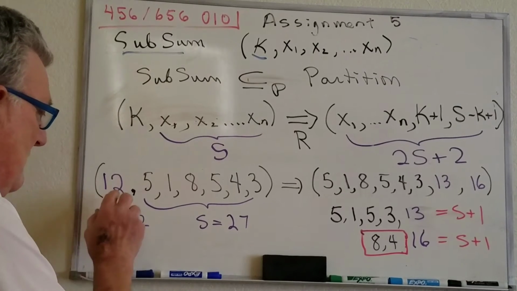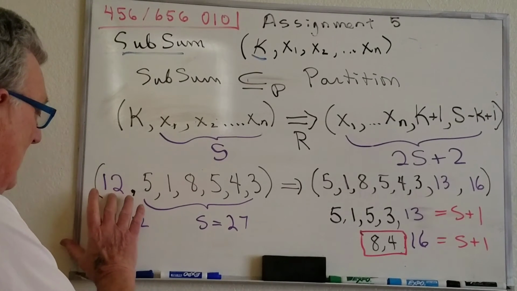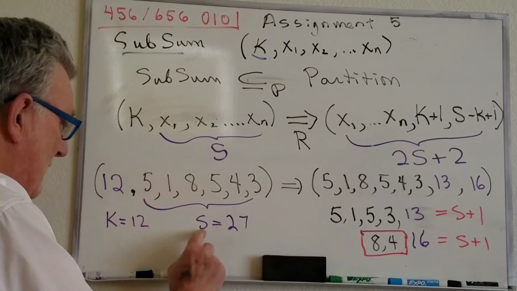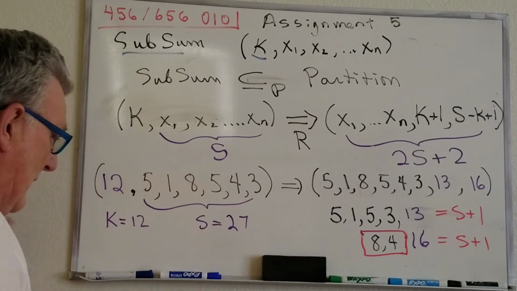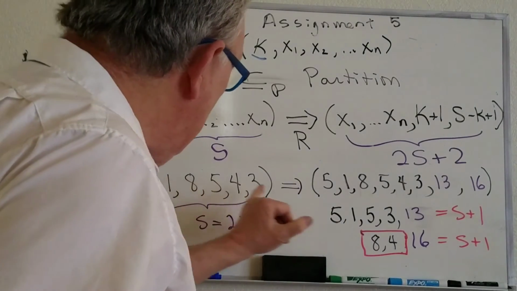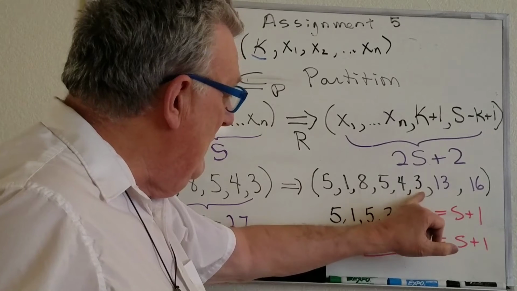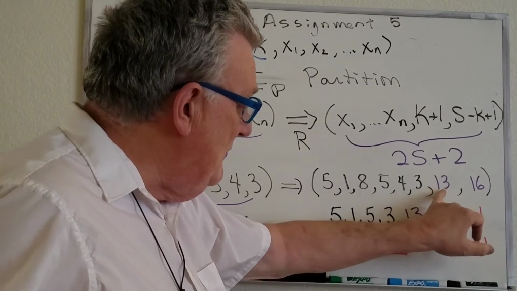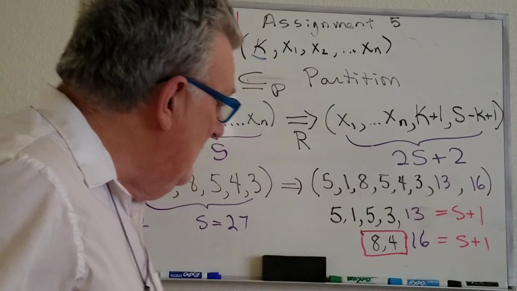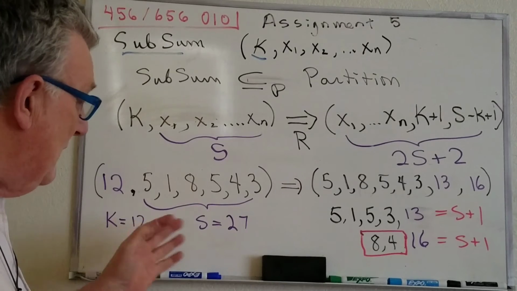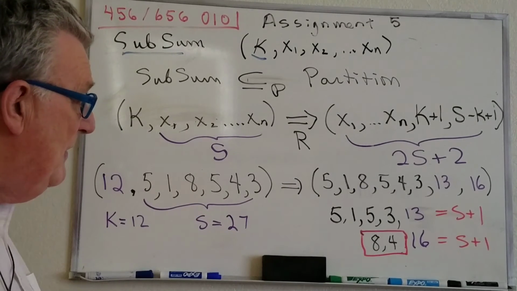All right, now let's take an illustrative instance of the subset sum problem. We're given k is 12, and we're given a sequence of numbers which adds up to 27. Now, we take the same objects here, 5, 18, 5, 4, 3. We create two new objects. This is k plus 1, which is 13, and s minus k plus 1, 27 minus 12 plus 1, is, of course, 16.